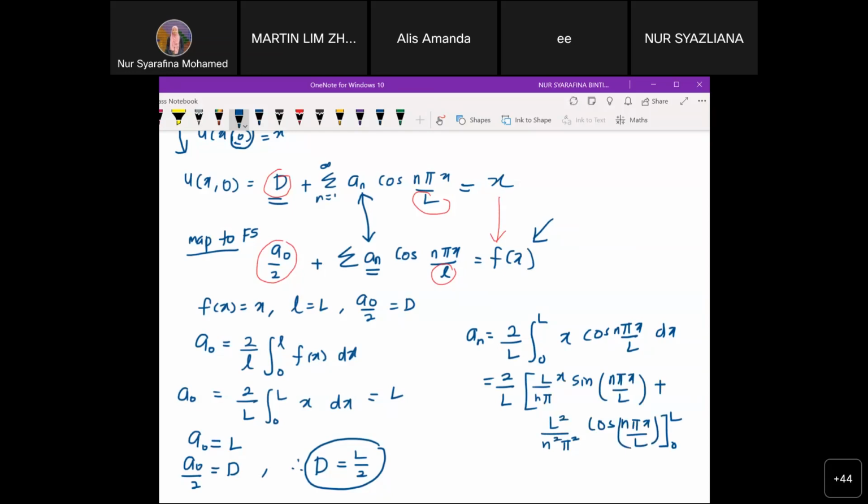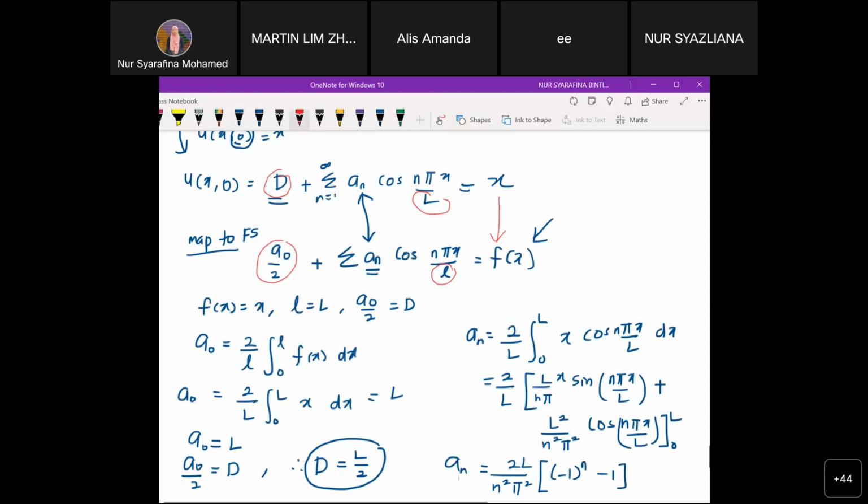Integrate this by tabular method will give you 2L over n squared π squared, cos nπ is (-1)^n, minus 1. So this is your A_n.